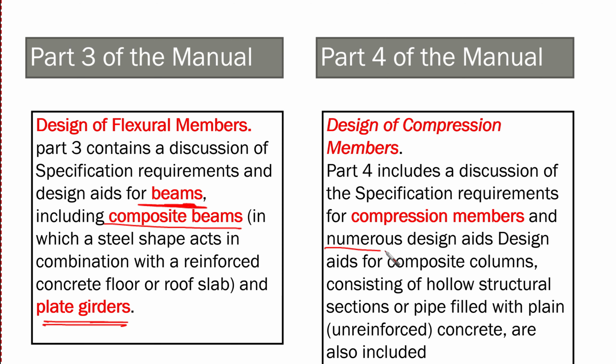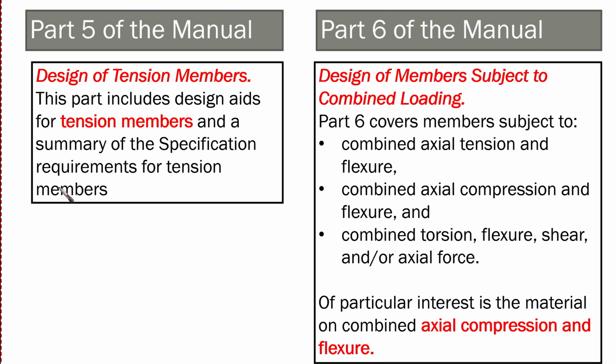Actually, yes, numerous design aids are going to be found. Composite columns consisting of hollow structural sections or pipe filled with plain unreinforced concrete are also included in this part.